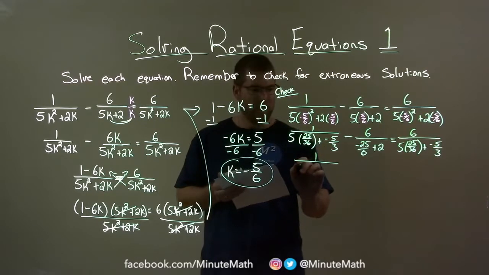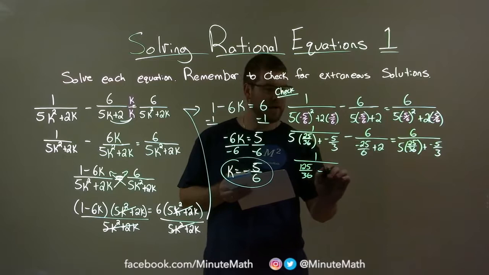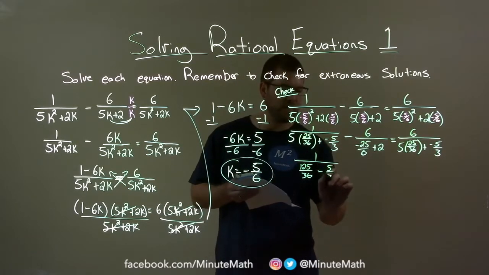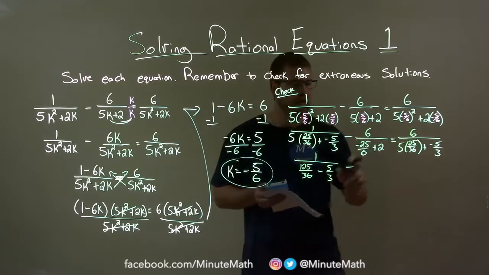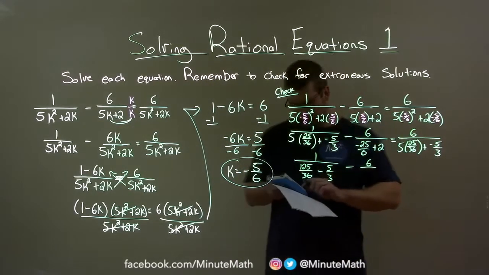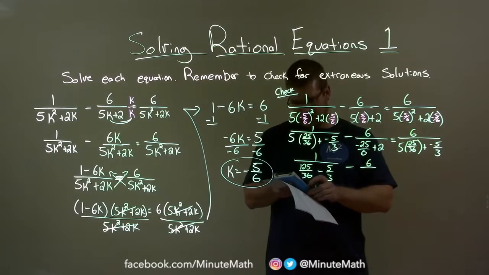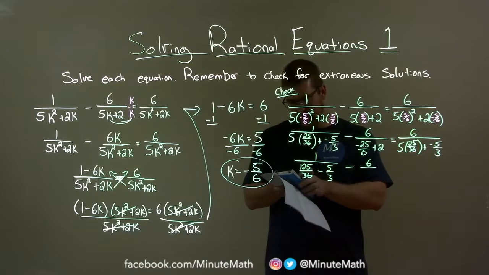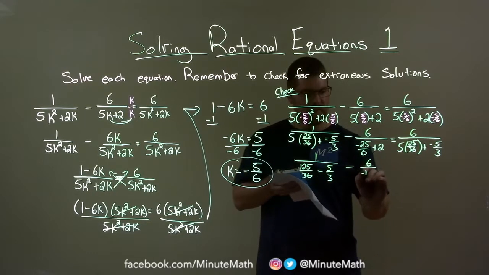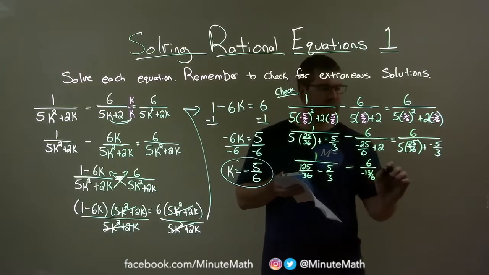Okay, 125 over 36 minus, plus a negative is the same as subtraction, 5 thirds. Minus here, what's negative 25 over 6 plus 2? Negative 25 divided by 6, we add 2 to that, and as a fraction, because I like keeping everything as fractions, that's negative 13 over 6.